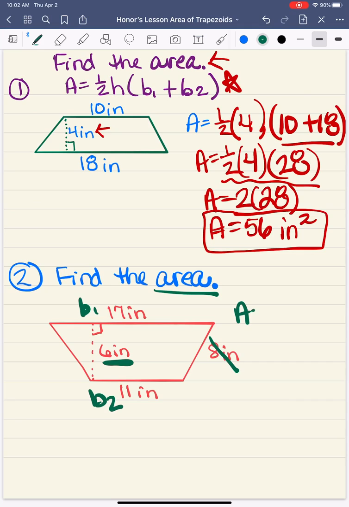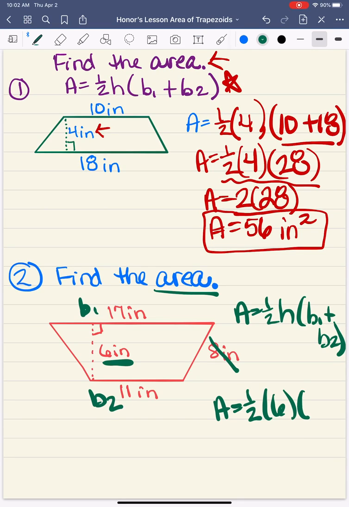So I'm going to write our formula. Then let's substitute in. So for the height, remember that's the 6. And then base 1 plus base 2. Again, 17 and 11 could be reversed. So if I add, that's 28.